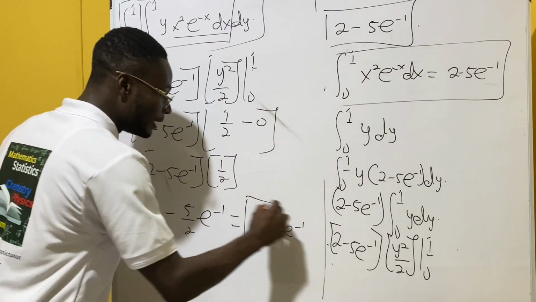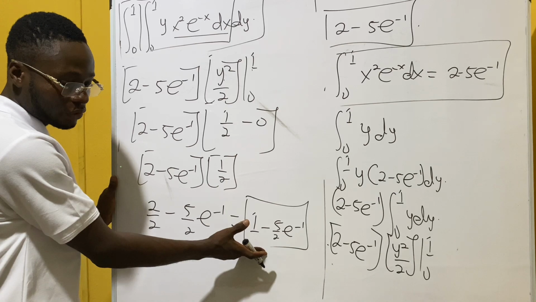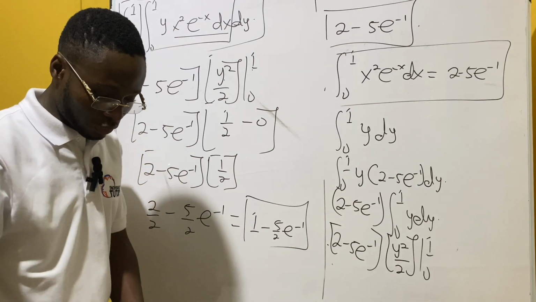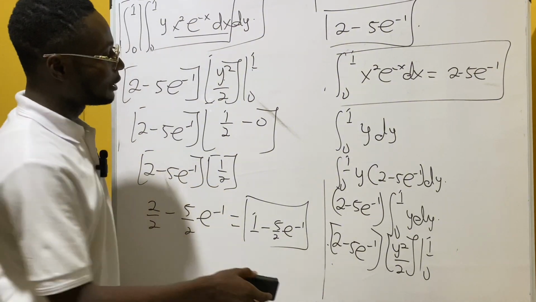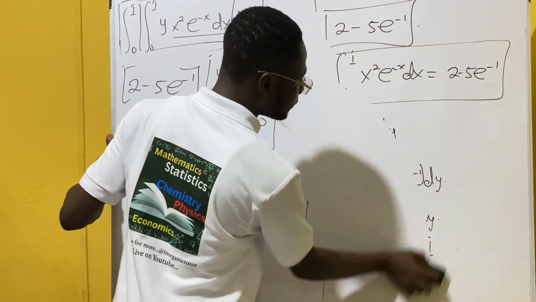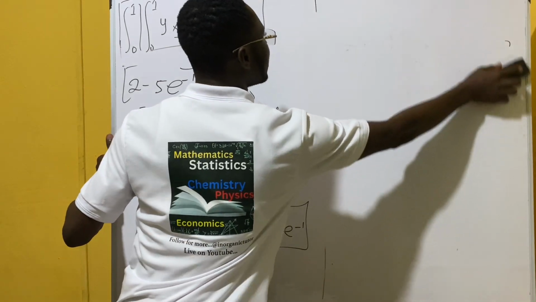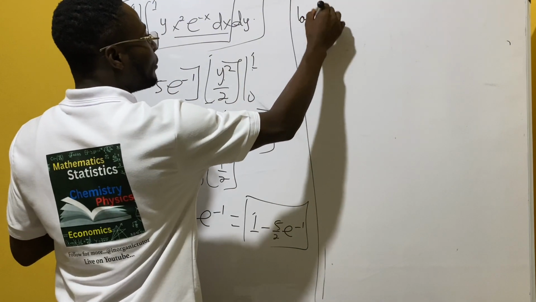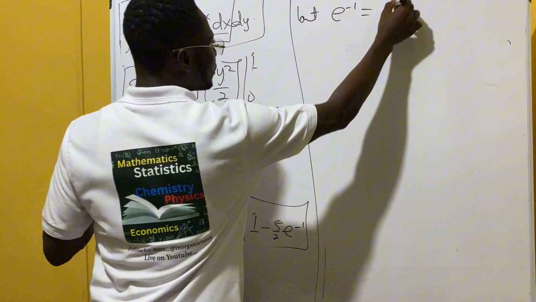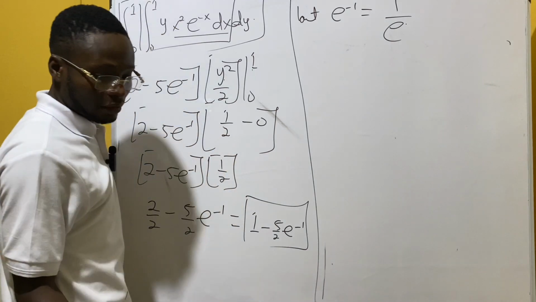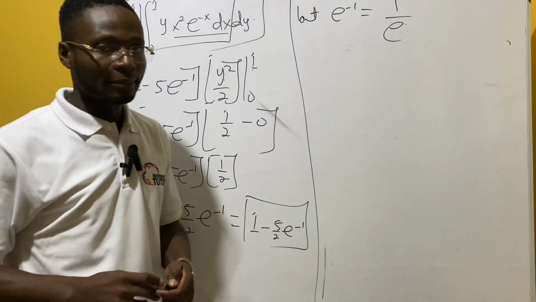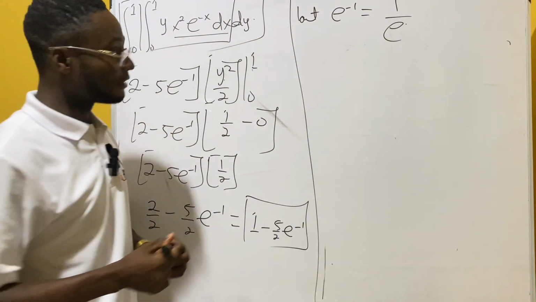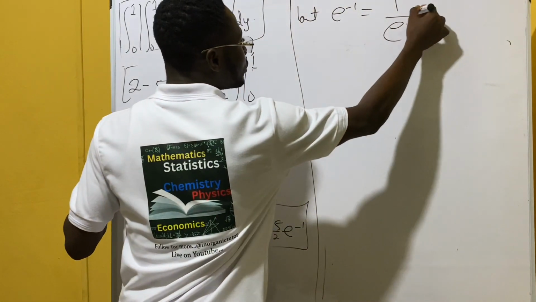This can be our final solution, or we can express it as a decimal. You know that e power negative 1 is equal to 1 over e, the reciprocal of Euler's number, which is approximately 0.367879.